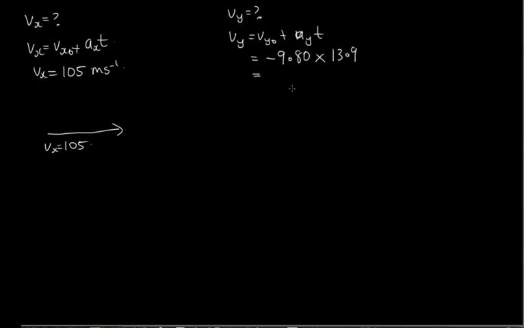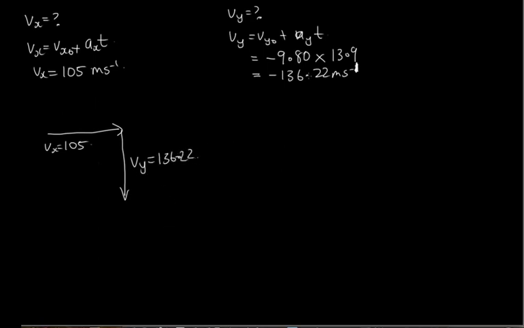So this will be equal to minus 136.22 meters per second. Meters per second, sorry, it's a velocity, not an acceleration. This negative sign indicates that it's downwards. So Vy will be down like this. Vy is equal to 136.22.